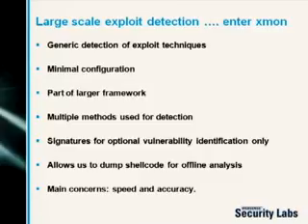So we can figure out which vulnerability is actually being exploited. One nice thing too is that we're concerned with whether it's malicious or not, but we'd also like to know what would have happened if we had allowed it to execute. So we can dump the shellcode for offline analysis, or feed it into our automated machines that can run it through, decode it if necessary, and figure out what the exploit is attempting to do. The main concerns for XMON were speed and accuracy.